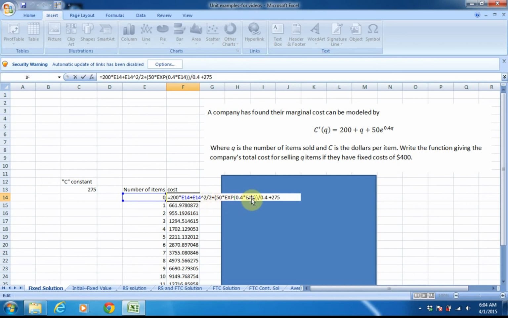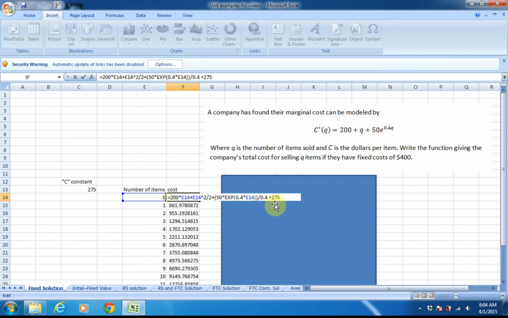Then over here we have our next piece, which is the 50 times, it's the antiderivative of this piece, right? And it looks like it's a little e to the u, but certainly not a hard one.